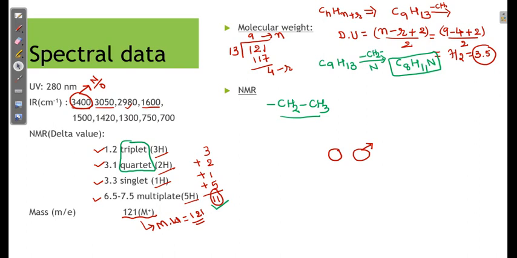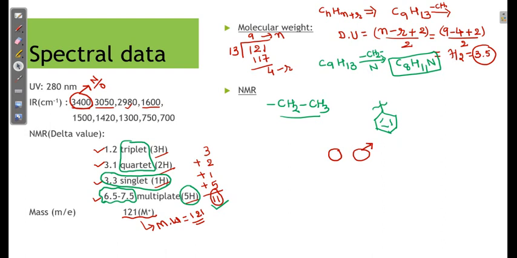Second, from the NMR value we are getting an aromatic compound. It shows 5H, which also indicates the chances of monosubstitution. Now we have a confusion with this 3.3 singlet.